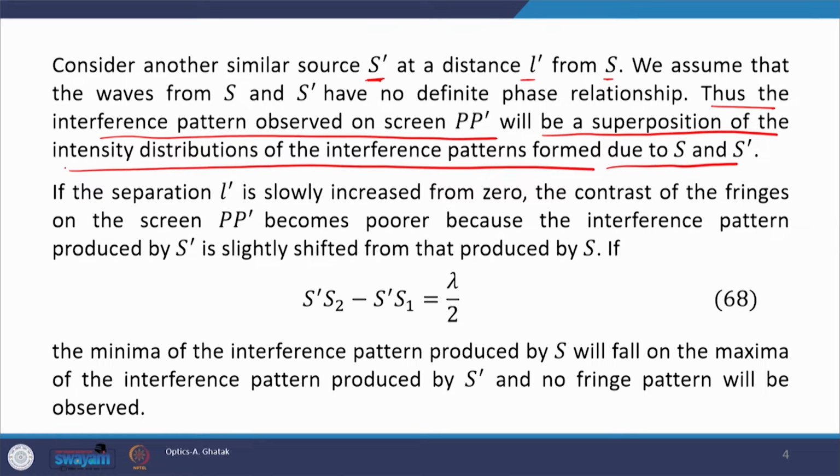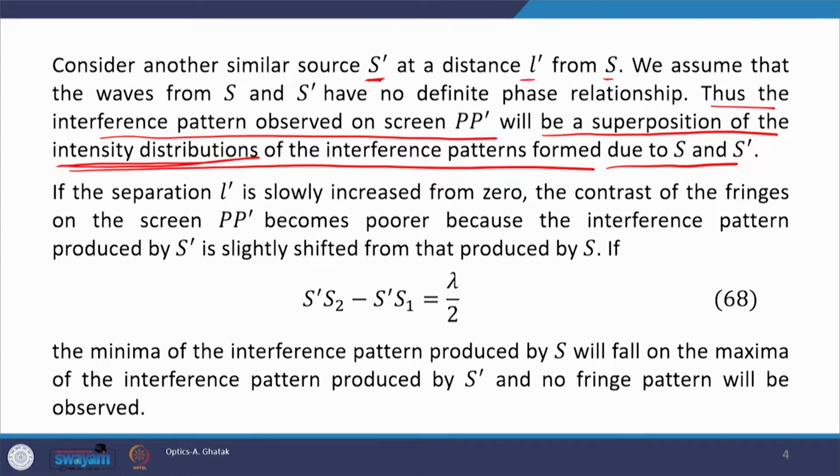Observe the word: it is a superposition of intensity distribution, not the amplitude. Why? Because these sources are incoherent. Therefore, the resultant pattern at the screen would be the sum of irradiances produced by source S and source S prime.